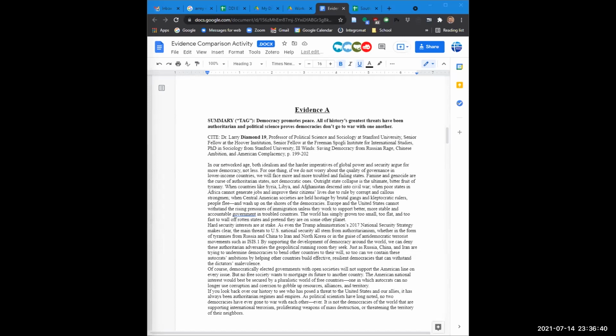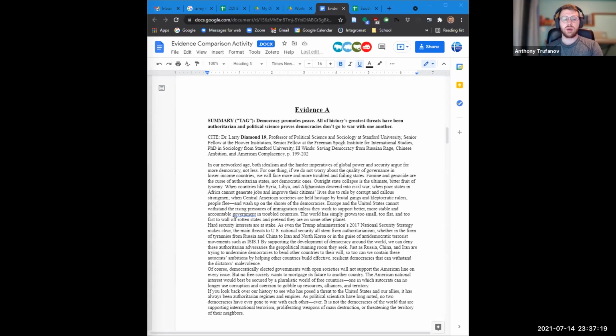So evidence A uses the examples to explain that democracy will bring peace. We think they don't have strong enough evidence to prove that, because as our group thinks, the evidence A is more like a speech. They don't really give any data to prove that more democracy equals a more peaceful situation.